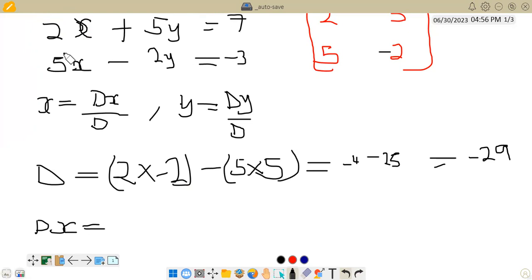So 2 will be replaced by 7, and then 5 will be replaced by negative 3. So we will have 7, then negative 3, then we'll have 5, and 2.